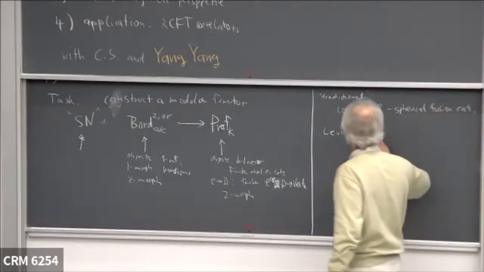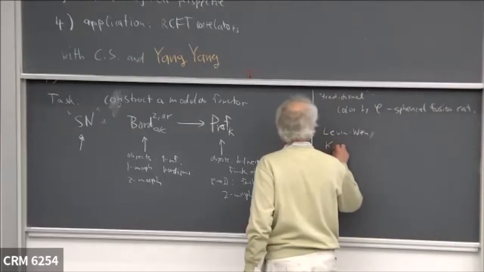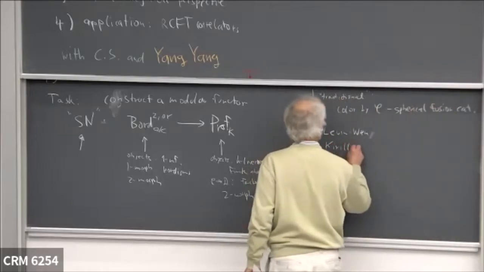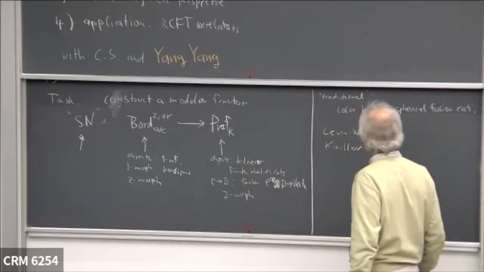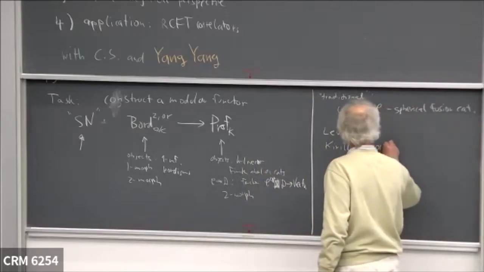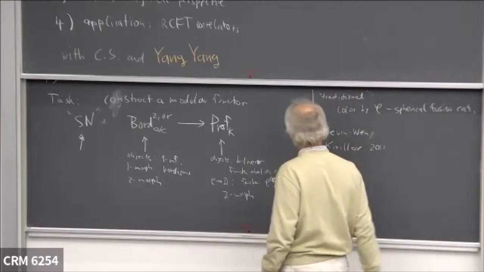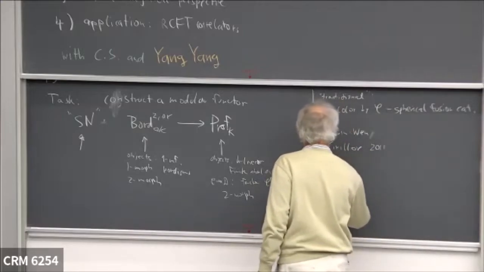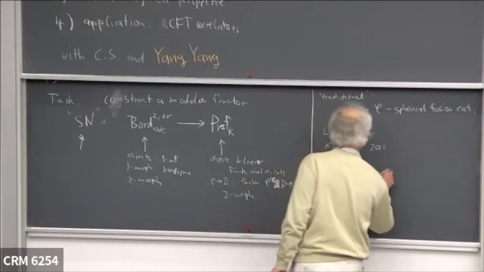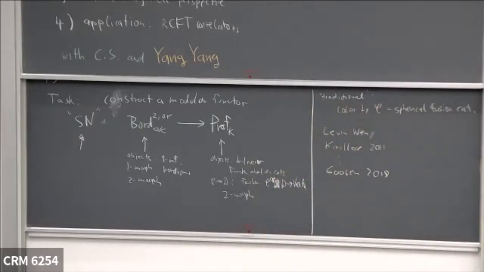This was then reformulated in the way I'm using it here by Kirillov in 2011, I think. And there are various other people contributing to that. Let me just mention a PhD thesis where you find many nice details. And then in this framework, one has obtained one result.